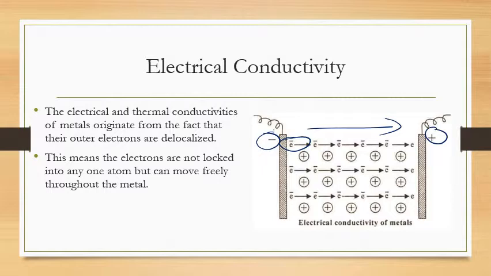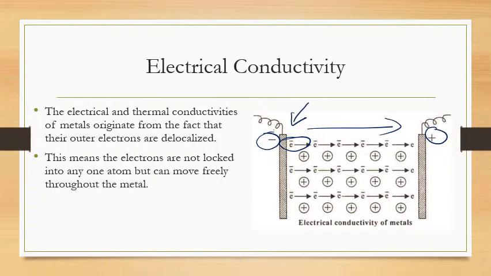More electrons flow along the wire from the negative terminal of the power source to replace those moving away in the metal, which we're seeing in the diagram. So that is electrical conductivity, and it's the same also with heat conductivity because the atoms are so close together.